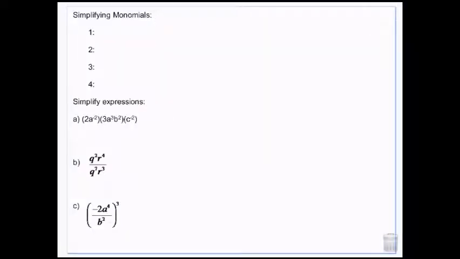First, we need to define a monomial. So a monomial is a number, variable, or expression, or product, with no negative exponents.